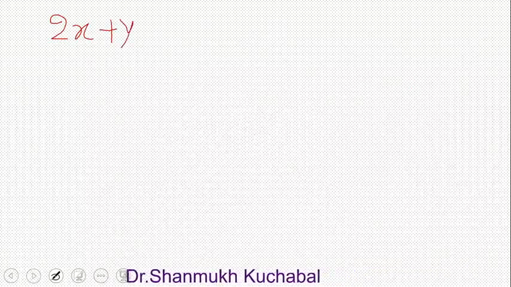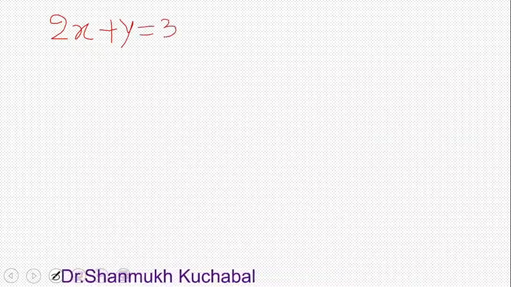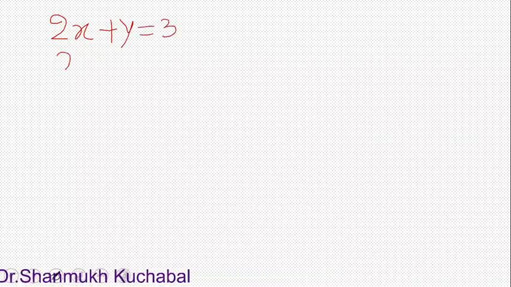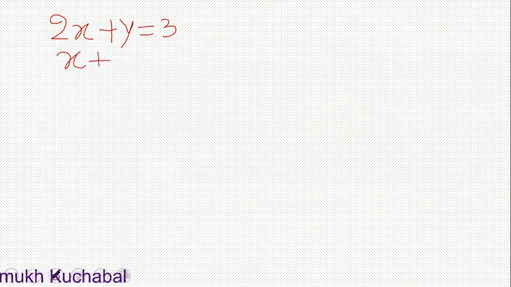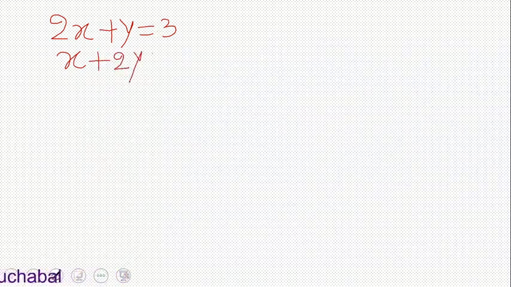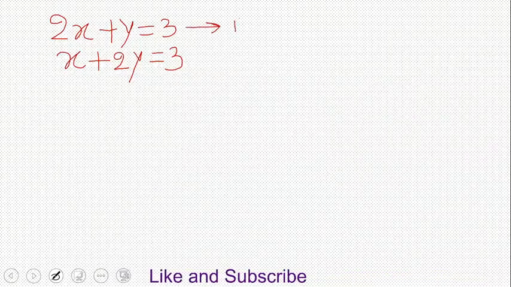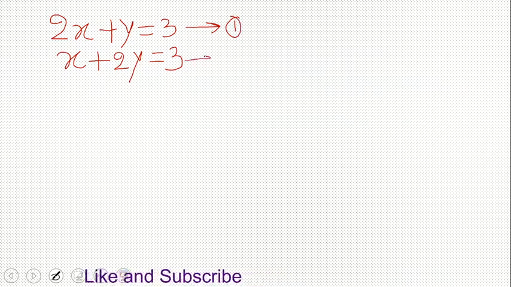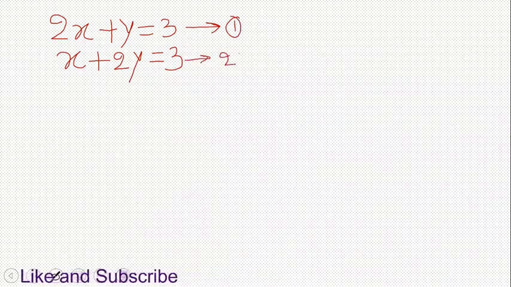This is 2x plus y equal to 3, and one more equation, x plus 2y equal to 3. This particular example we will solve using the elimination method. So I call this the first equation and this is our second equation.